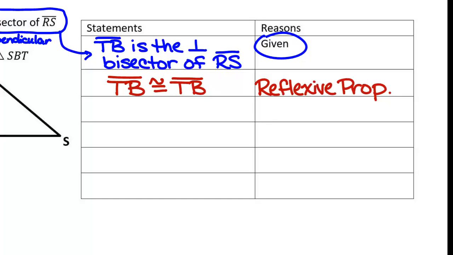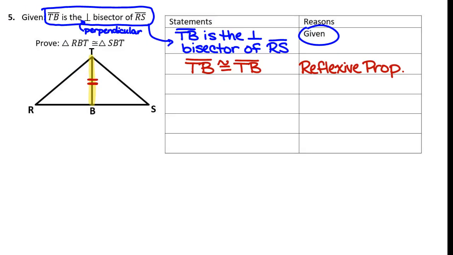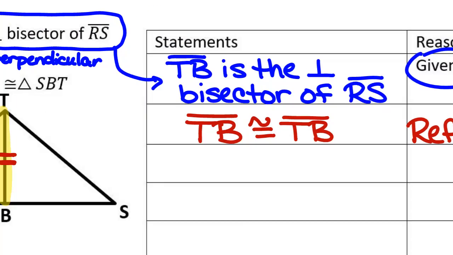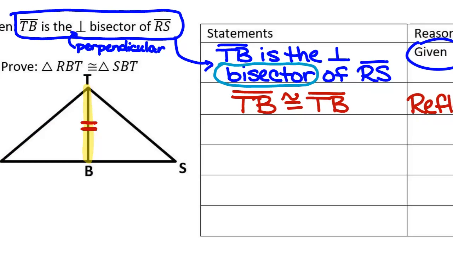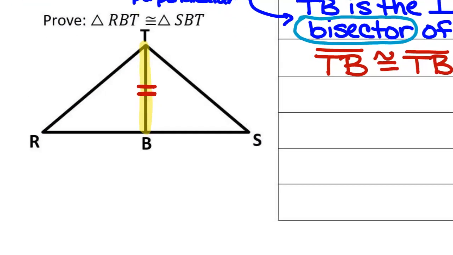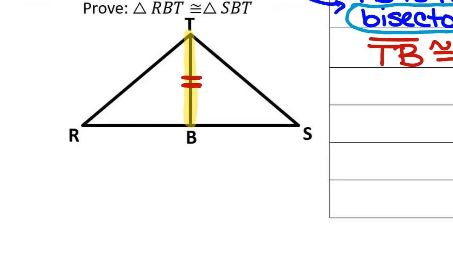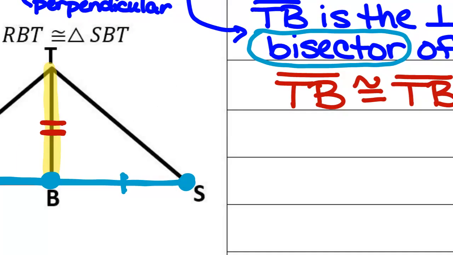Said that TB is the perpendicular bisector of RS. Let's look at the bisector part. What do bisectors do? They cut things in half. We are cutting RS in half right here at B. So what would be the segments that would be congruent to each other then? RB and BS. Let's write that down as a statement.